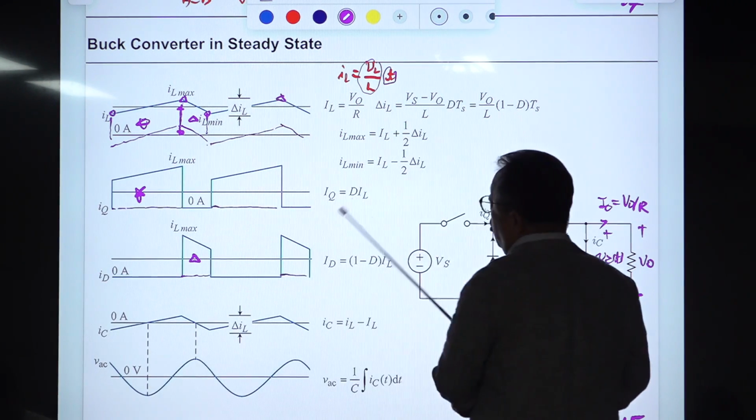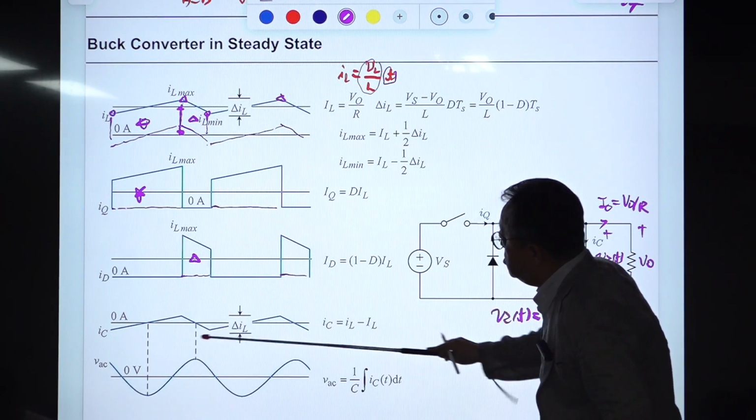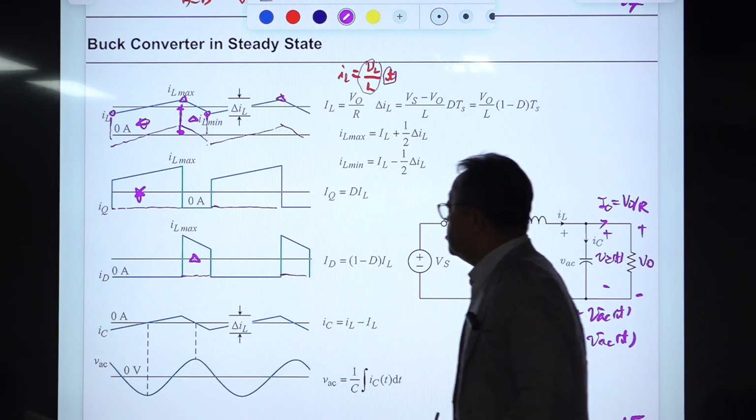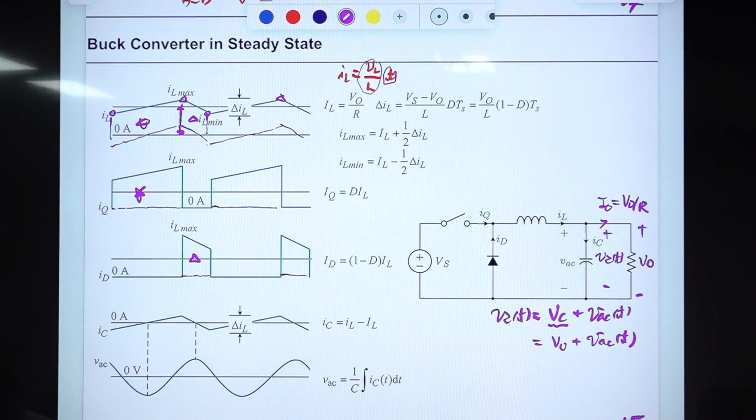Okay, that is shown here. So from this you construct this. This is what? The capacitor current. So the charge balance means the area of this positive part should be the same as the area of the negative part. Otherwise, the capacitor voltage will increase eventually, and the capacitor will explode.